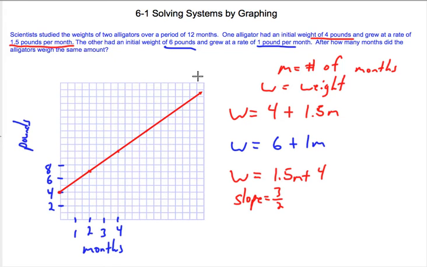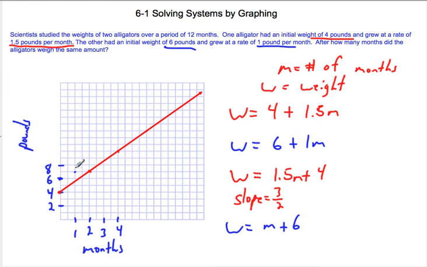All right, now let's graph the blue one. Put that in slope-intercept form. So it's 1m plus 6. I'm just going to write m plus 6. So 6 is our intercept, and our slope is 1, or 1 over 1. Okay, so up 1 over 1 unit. So remember, it's 1 unit.